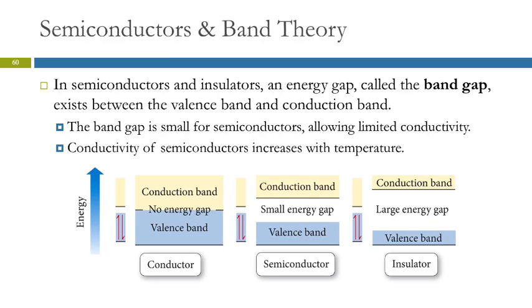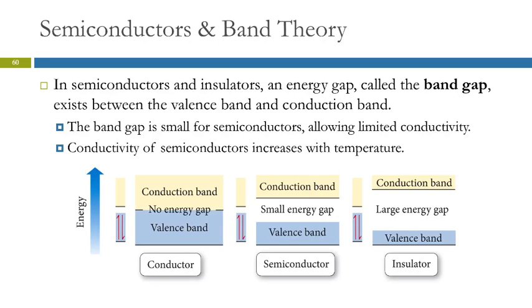Well, here we have an illustration of what happens with metals or other conductors. There's no gap between the conduction band and the valence band. In a semiconductor, you have a small energy gap here. That makes it harder for electrons from the valence band to get up into this conduction band where they can move. But it's not impossible.